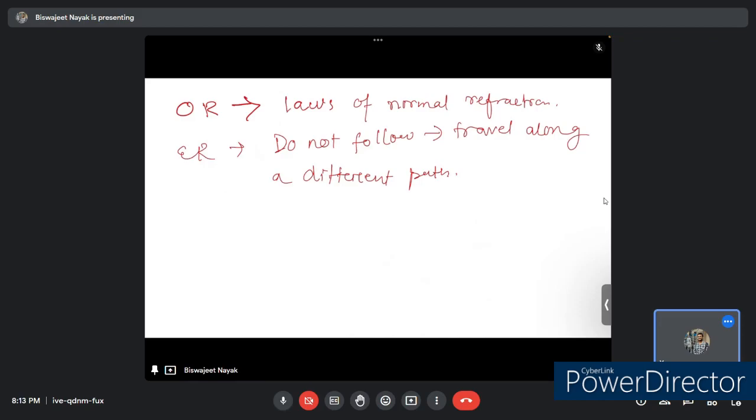And after splitting, the ordinary ray and extraordinary ray that emerge are mutually perpendicular to each other, and they are linearly polarized too.